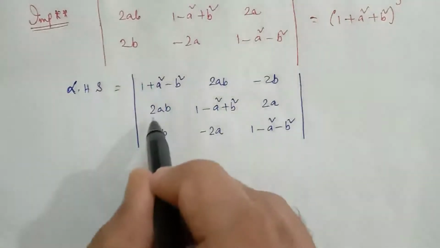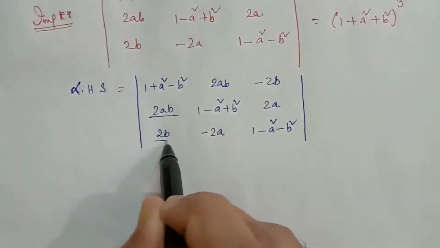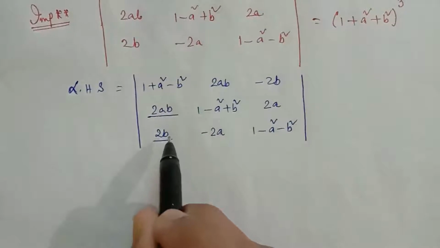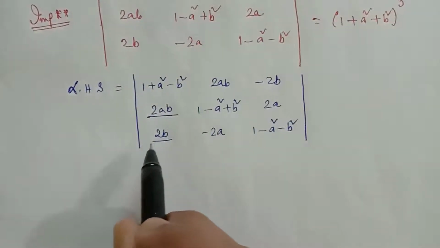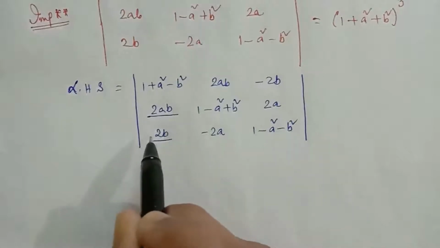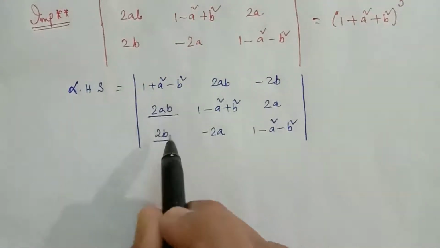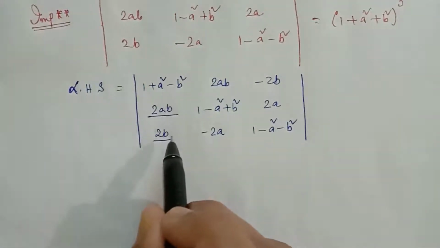Now see, this element is 2ab and this element is 2b. This element lies in R3, the third row. If we multiply this element by a, this will become 2ab, and then this minus 2ab will give us 0.